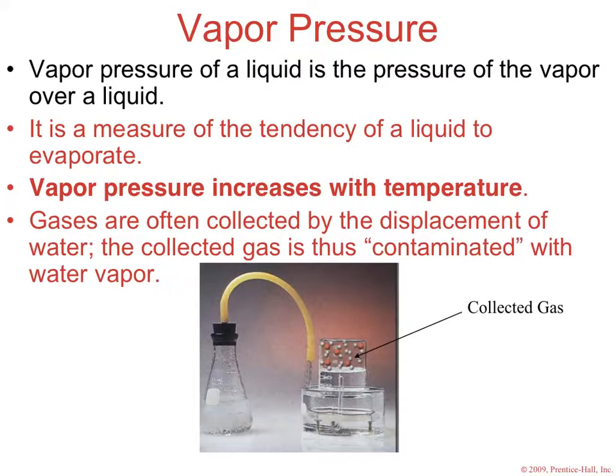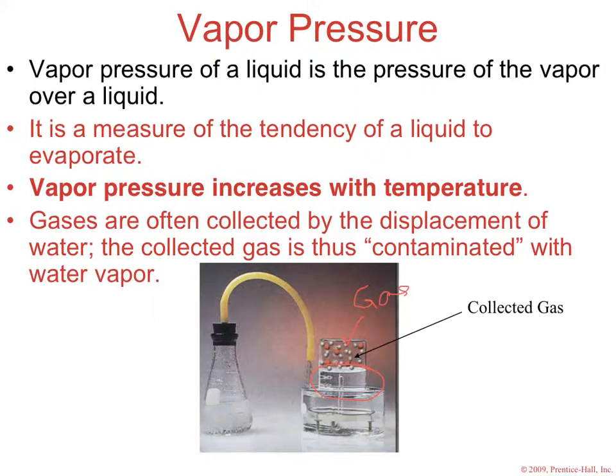So look down at the picture at the bottom for a minute. Let's say we have a container of a liquid, water, any liquid. At any point in time, that liquid is going to have some gas molecules over the surface of it. So if you have a glass of water in your hand, there are going to be some gas molecules hovering over the surface of that liquid water.